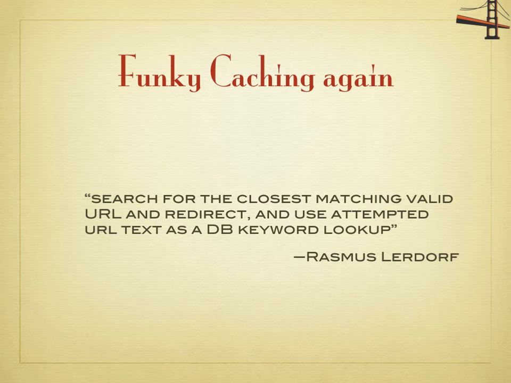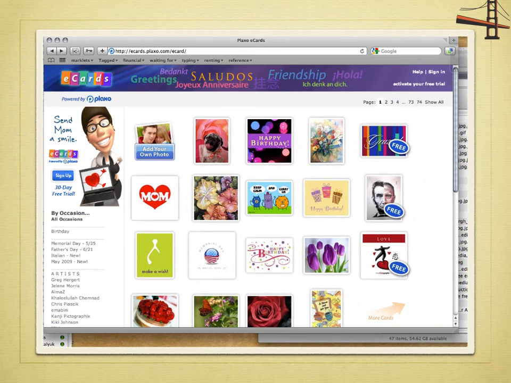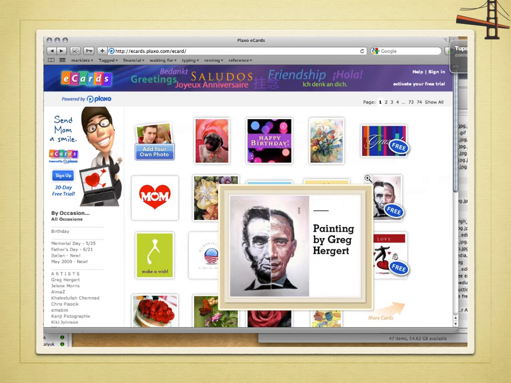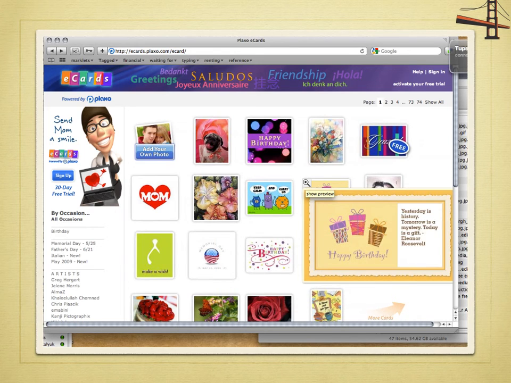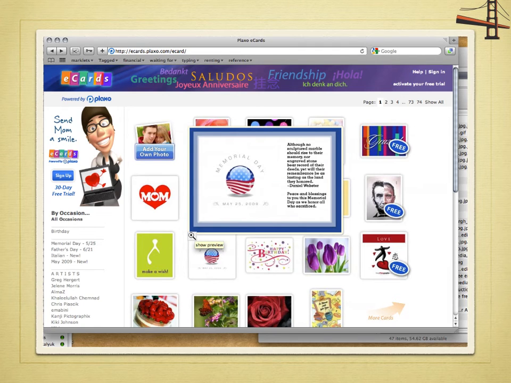This is his definition in Rasmus's talk that popularized it. This is at my previous company, before Tagged, at Plaxo. I built e-cards, and I needed to store all of these images in a database.